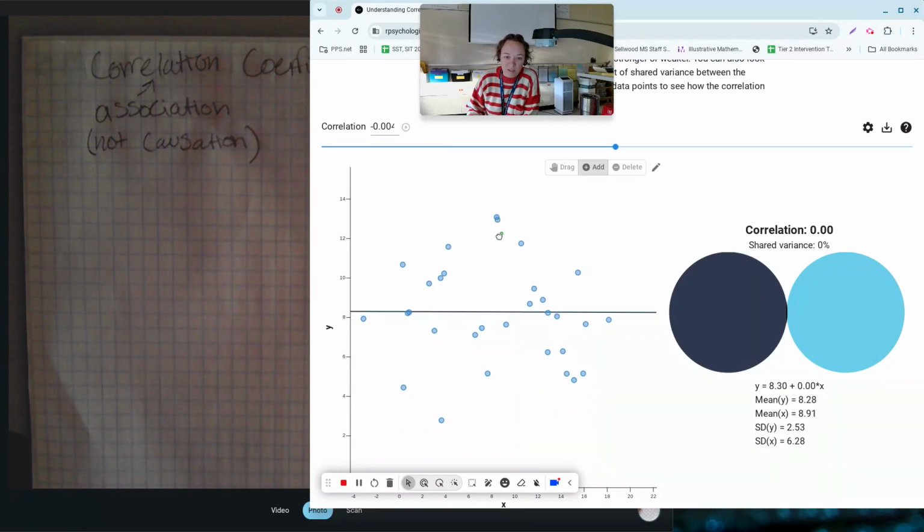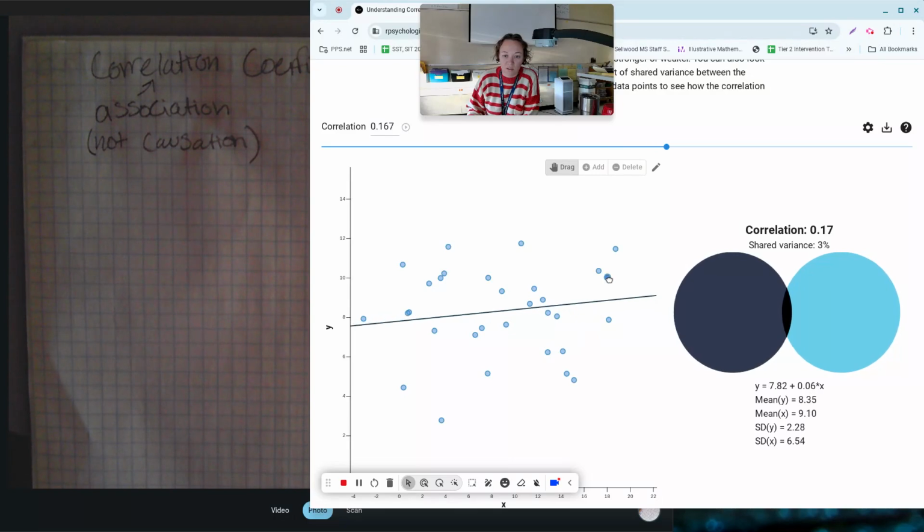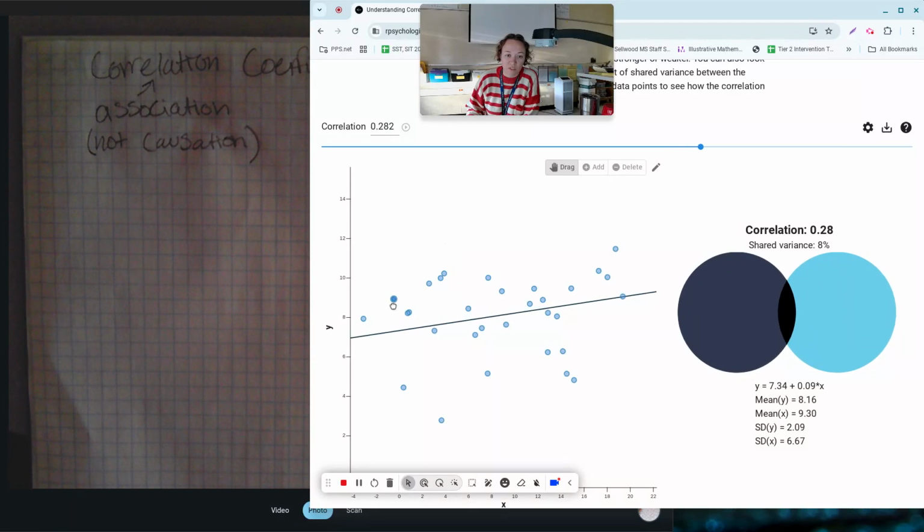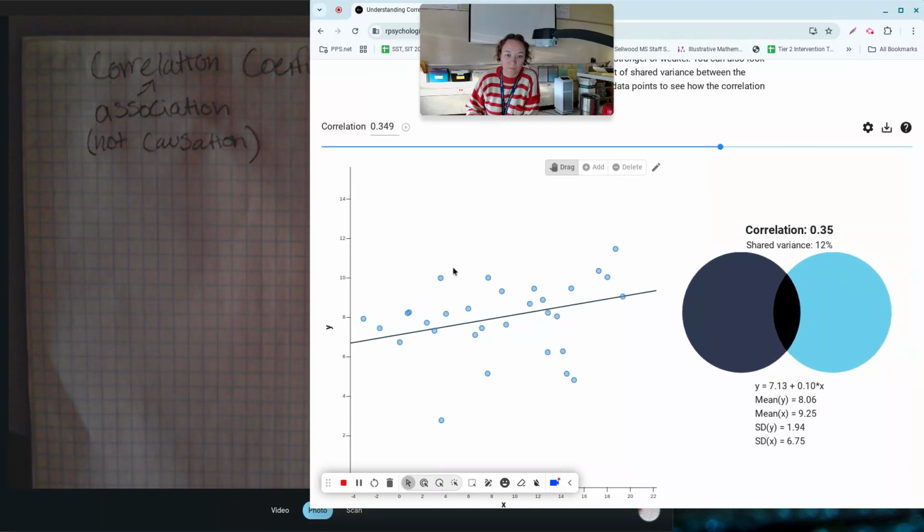Now, if I were to take an individual point and drag it, and if I were to do this with a bunch of points, you can see that this number is starting to change as I pull these points in closer to the line.